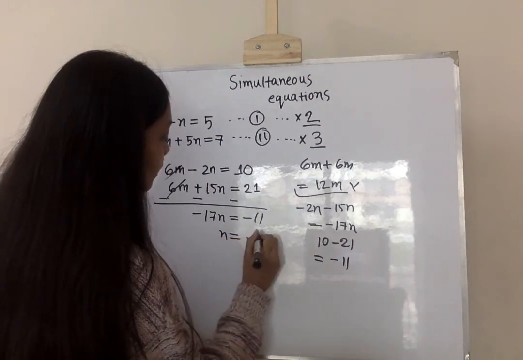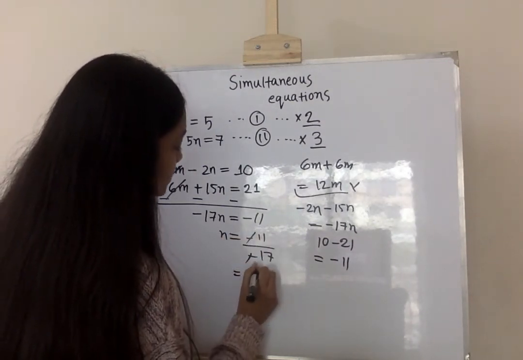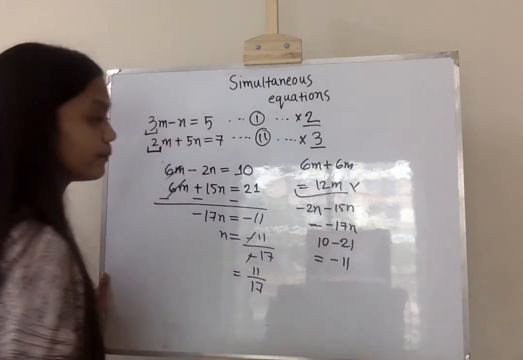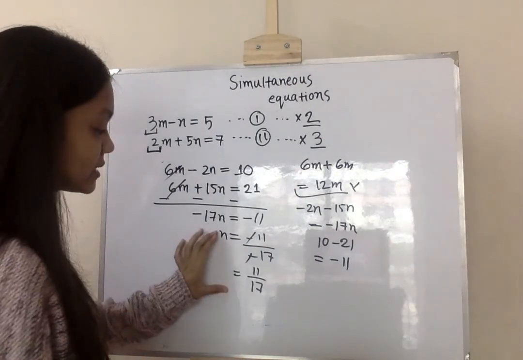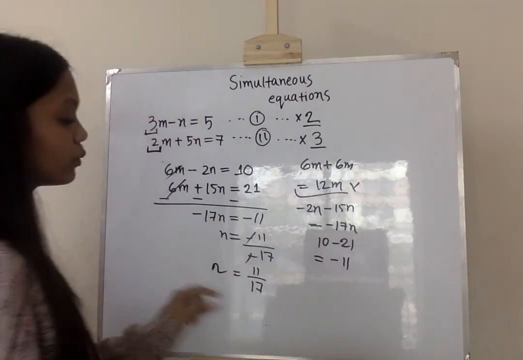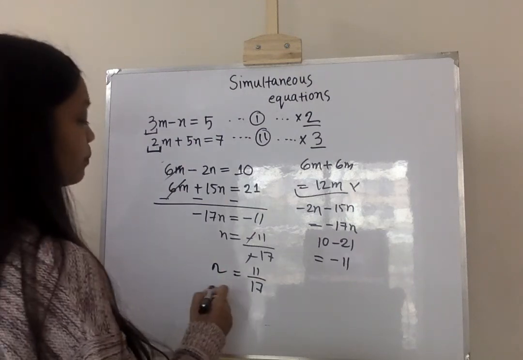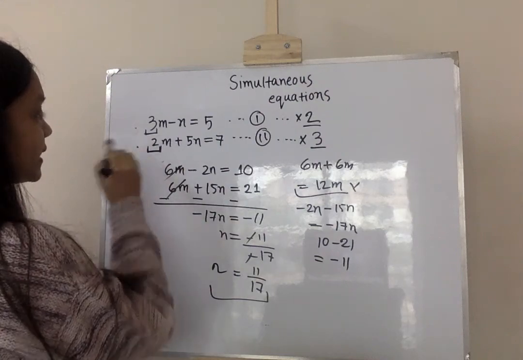N is equal to minus 11 by minus 17. We cut this out. N is equal to 11 by 17. What we can do is take this solution n is equal to 11 by 17 and place it in any of the equations, either in the first equation or the second equation.